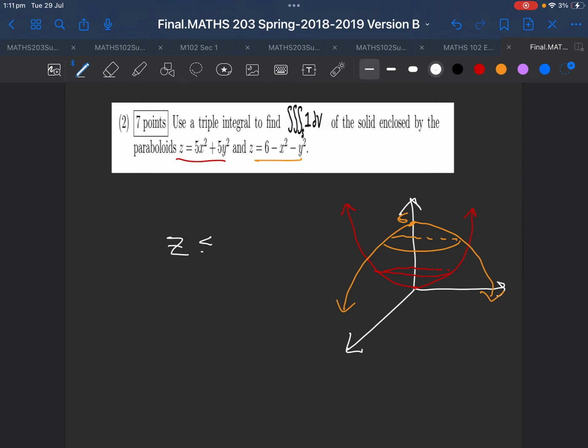So the first thing that we have here is that the top is the orange. And then we have the bottom, which is 5x squared plus 5y squared. That's the easy part. We finish with z.